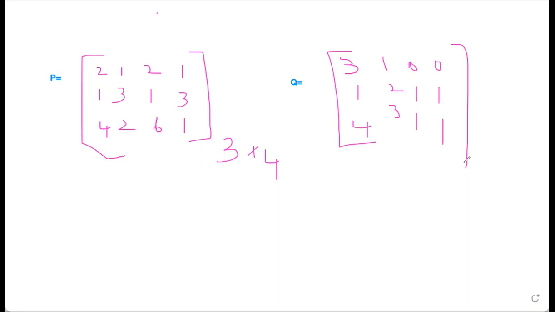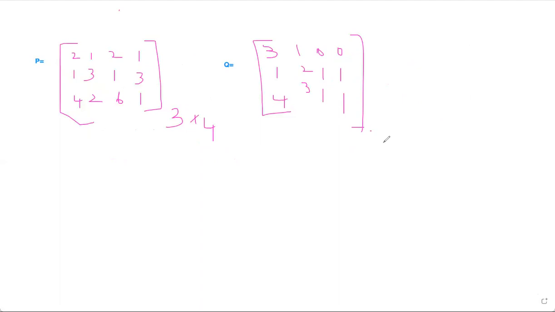What is the order of this? Class? What is the order of this? 3 by 4. Now I will write something and you tell me if they are conformable matrices.